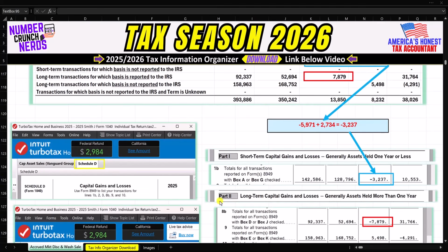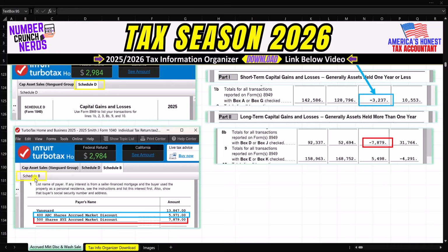Going down here to Part 2 of Schedule D, long-term capital gains and losses, there's our $92,000 of proceeds, there's our $52,000 of cost basis, there's our accrued market discount being subtracted out, and there is our capital gain of $31,764. But we're not done. Where does the $7,879 have to go? It goes right down here on Schedule B for interest income: 500 shares of XYZ, accrued market discount, 7,879. This is the schedule that reports interest income.